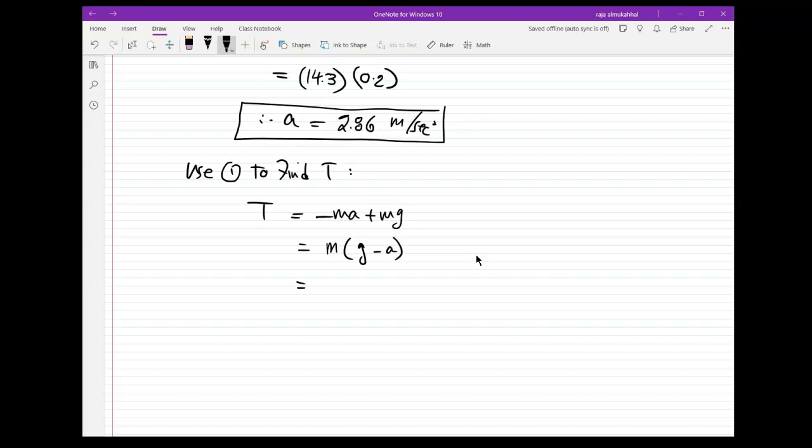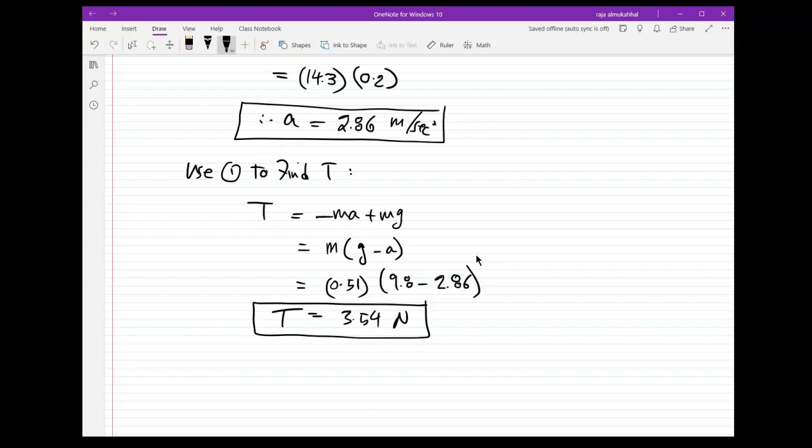So m is equal to 0.51 times (9.8 minus 2.86). Answer: 3.54 roughly newtons. And there we go.